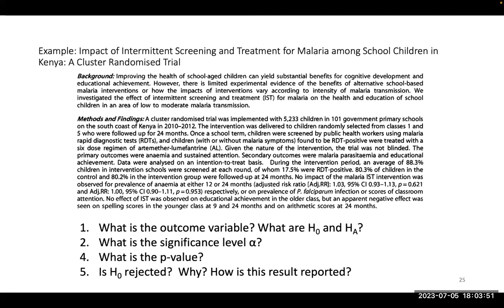You can have blood pressure as a continuous variable, you can have cholesterol as a continuous variable, or you can quantify risk. And this is what was done here, because the outcome here is the prevalence of anemia at either 12 or 24 months. So somebody is anemic or not, and there's a certain risk associated with that.